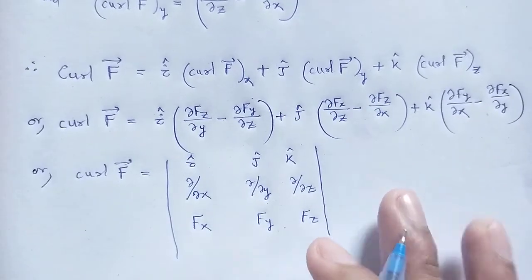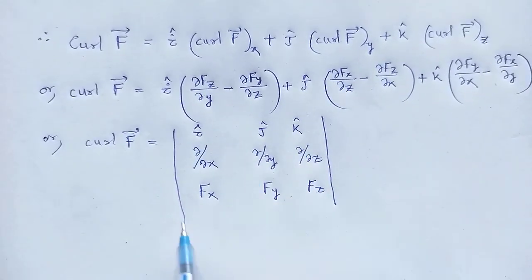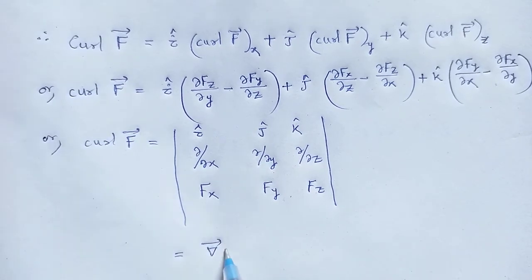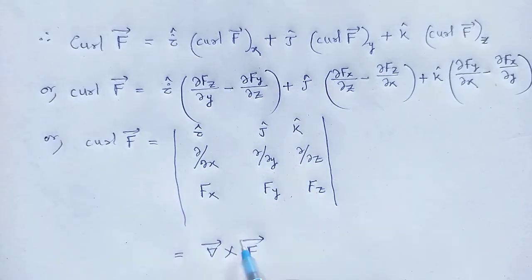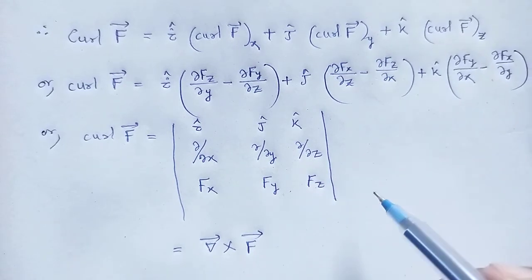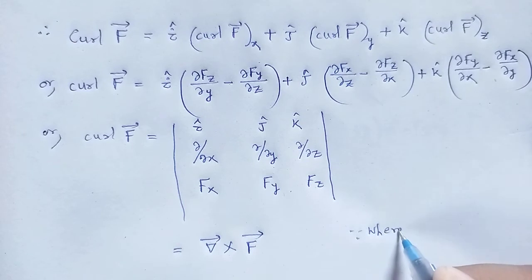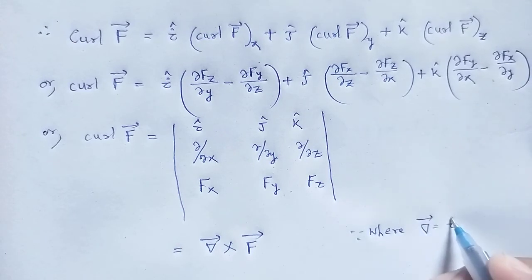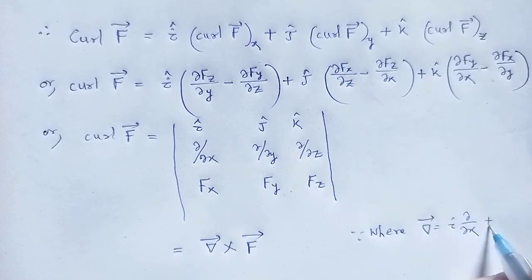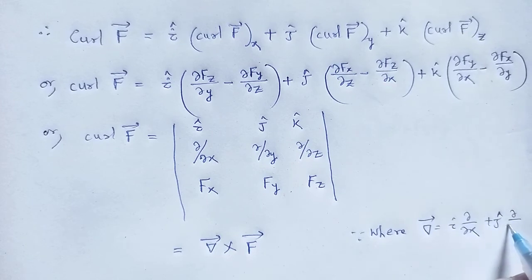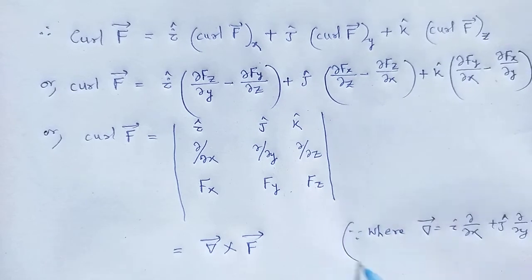This is nothing but we can say, that is the grad cross f is that of curl, where grad is i cap del by del x plus j cap del by del y plus k cap del by del z.